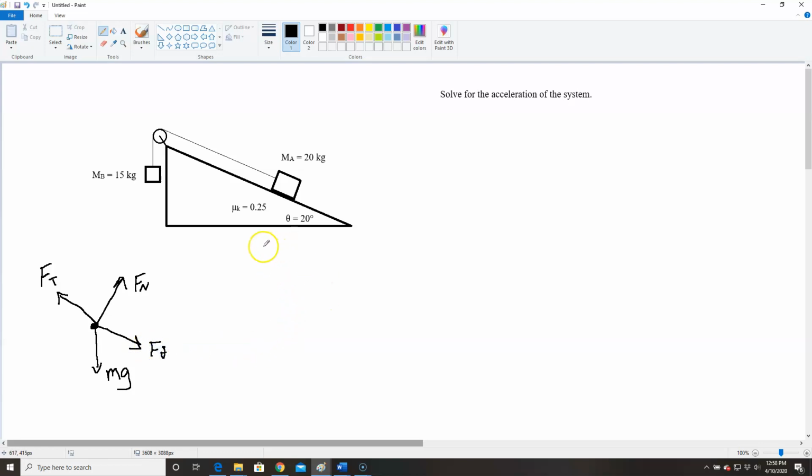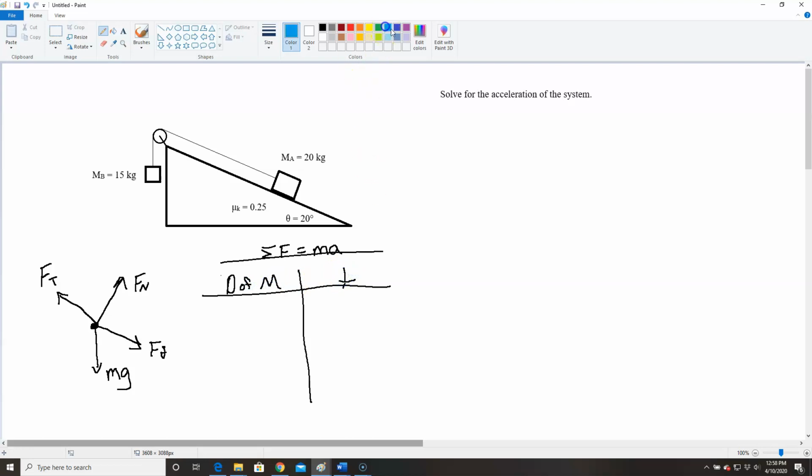So let's take a look at the sum of forces acting on block A. I'm not going to use x and y, I'm going to use direction of motion and perpendicular direction, like we had talked about in class.